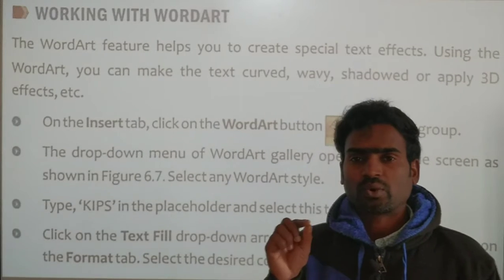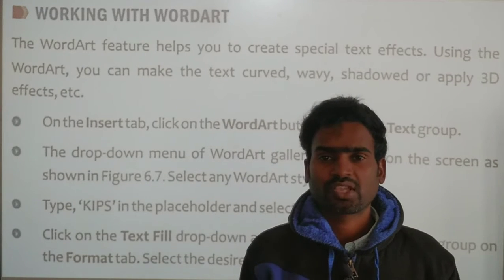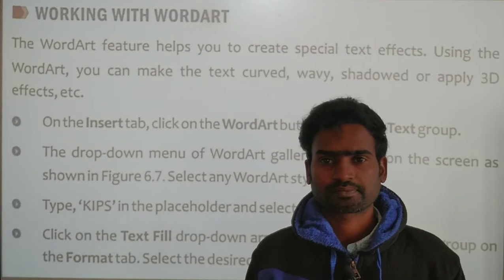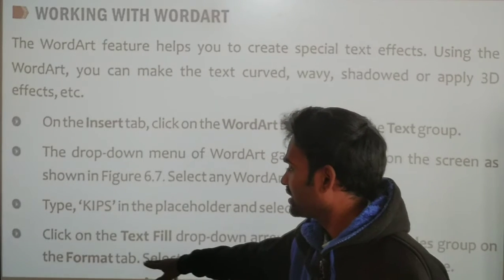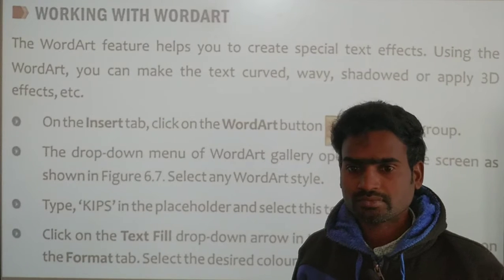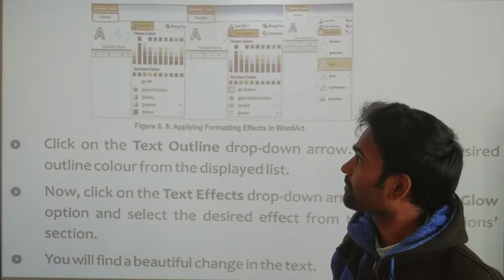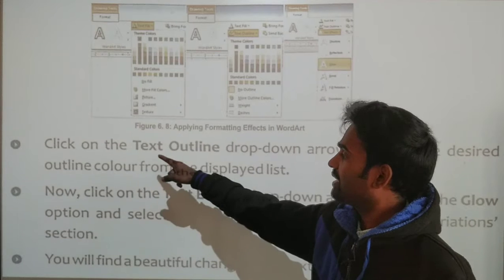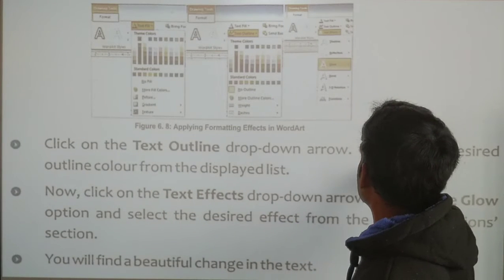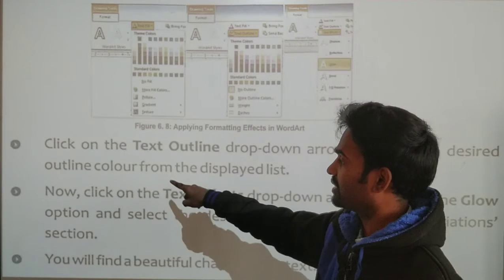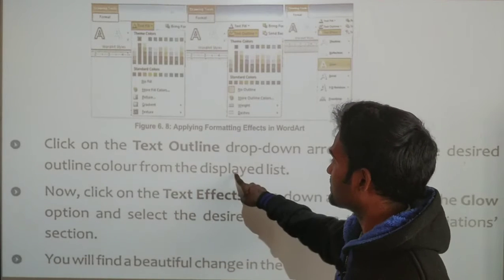Whatever default color is given, if you don't like it, you can change it according to your wish by going to the format tab, right? And then click on the text outline drop down arrow and choose the desired outline color from the displayed list.